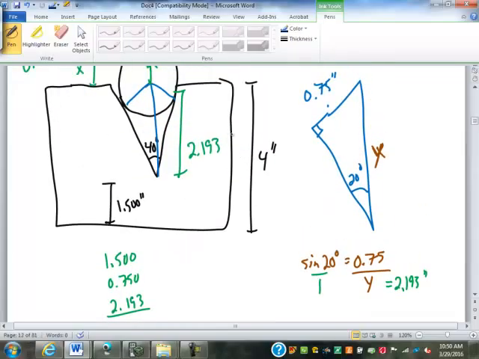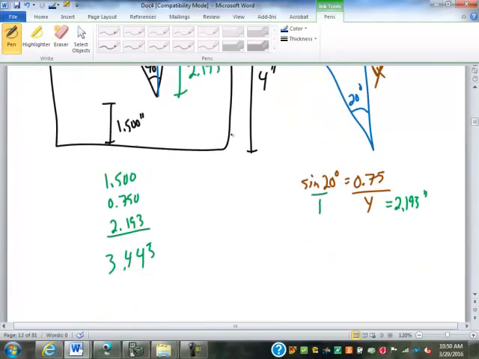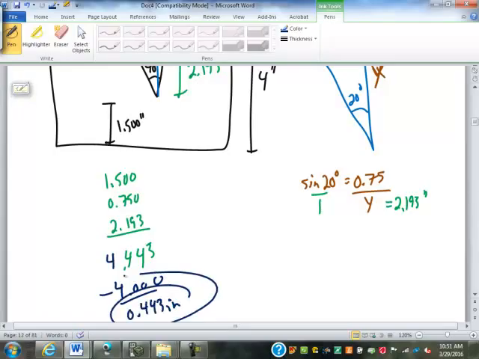What's that? Should be 4 point something, shouldn't it? Yes. And from that, we subtract 4. You get 0.443 inches. You want us to go 3 decimal? Yeah. How many decimal places? Two decimal places on angles and 3 decimal places on lengths. What do you think?